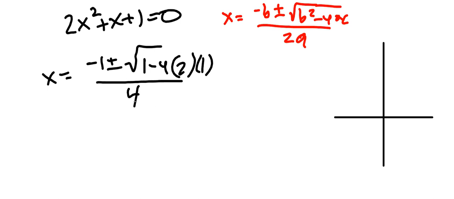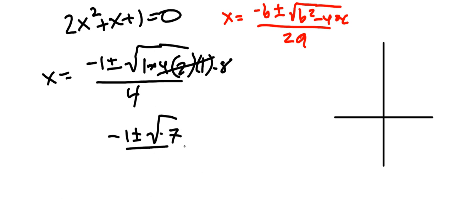So if we simplify the inside of this radical, negative 1 plus or minus the square root, well, this here is just minus 8. So 1 minus 8 is negative 7. We put it over 4.